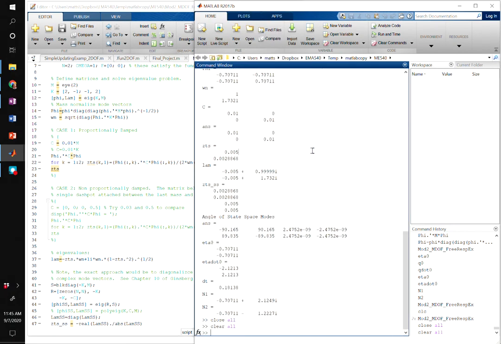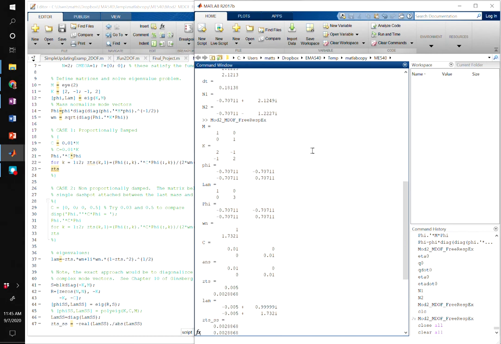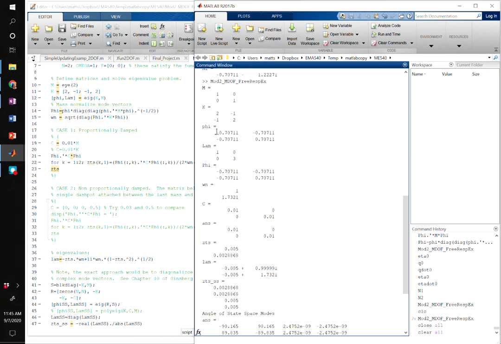If we did that, we would get the mode shapes. Here's the 1 1, and here's the minus 1 1 mode. And we get the eigenvalues, and from those we can take the square root and get the two natural frequencies, 1 and 1.73, or close to square root of 3.